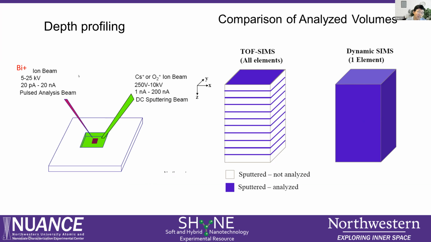They use a magnetic sector to separate the mass, and then the analysis. In that case, all the sputtered ions go to the analyzer, so the concentration sensitivity is higher because the whole sputter yield is analyzed.